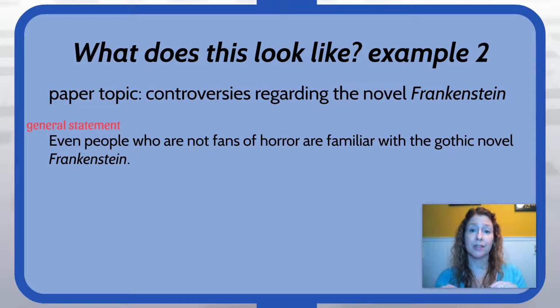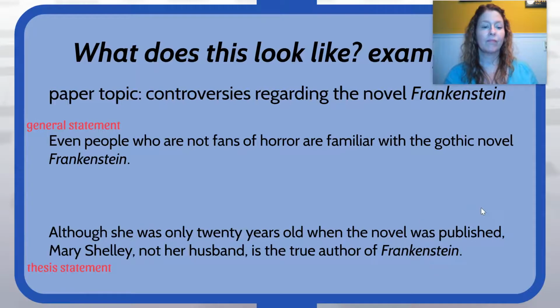Very important, guys. Notice our thesis isn't the first sentence that our reader reads. We're going to draw our reader in, but the first sentence is going to give a hint at what our paper is about. Our thesis statement is going to be very specific.